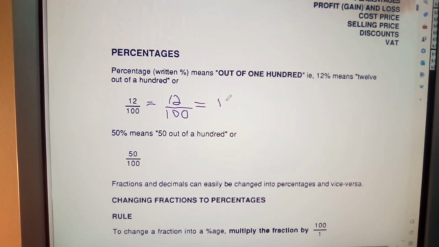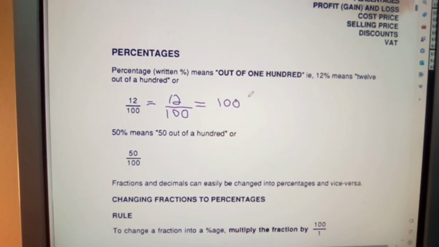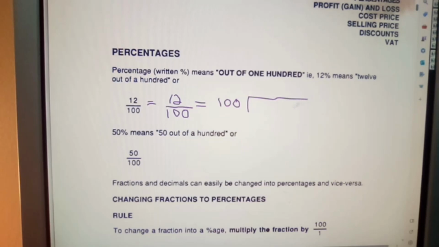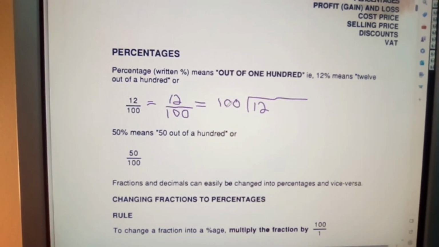So it's going to be 100 into 12, and how many times does 100 go into 12?